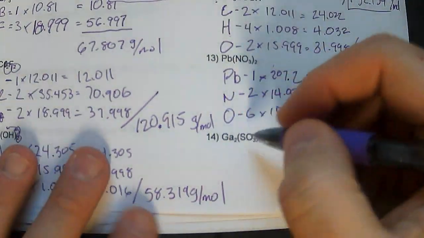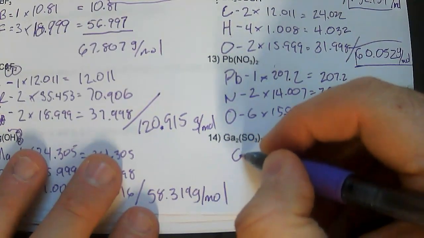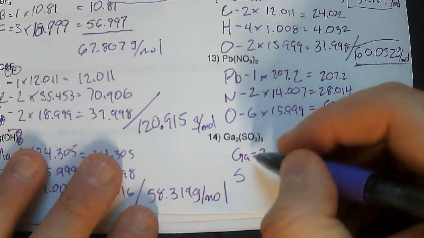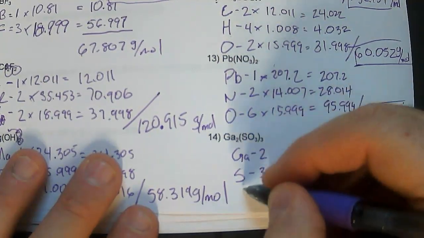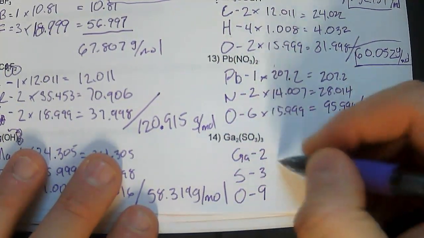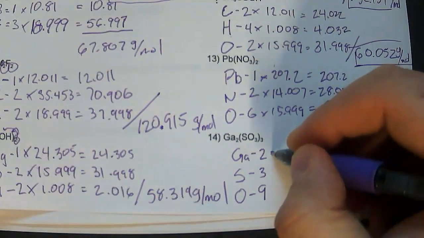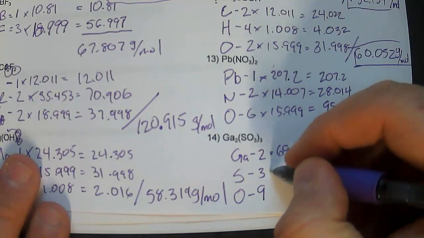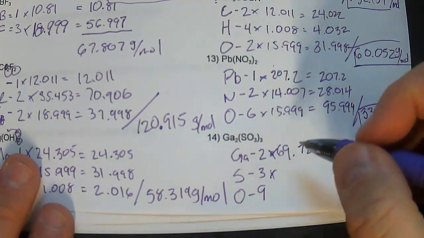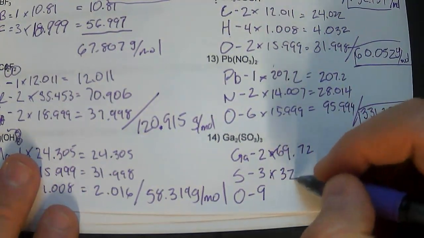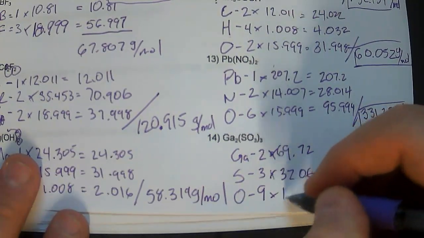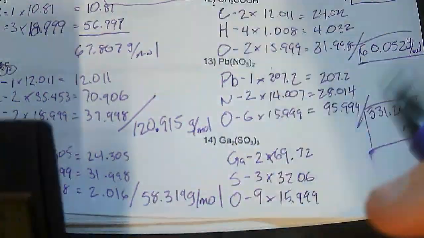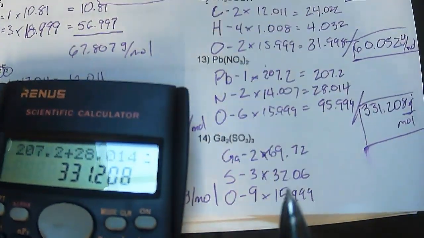So more parentheses. So we're going to do Ga is 2, S distribute, that's 3, oxygen distribute, that's 9, gallium is 69.72, so multiply. Sulfur again is 32.06, oxygen is still 15.999. Okay, then we do the math.